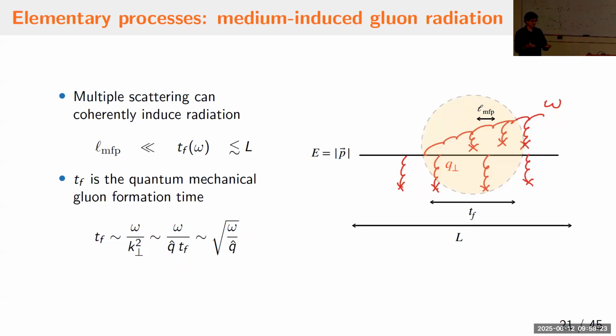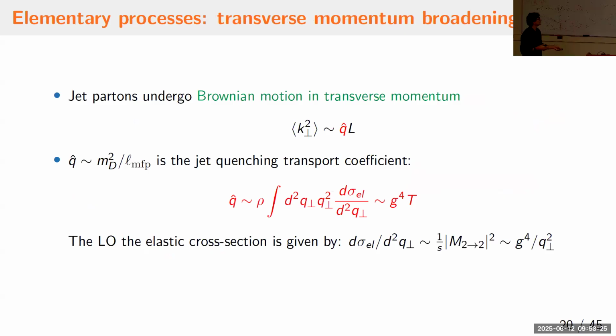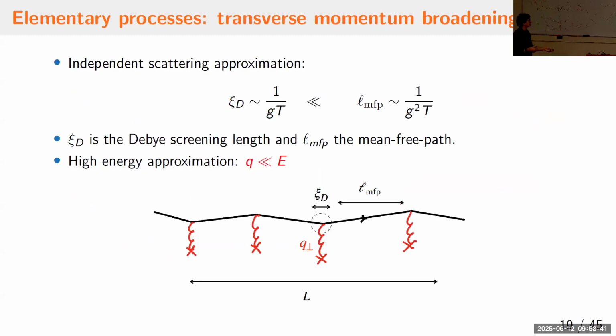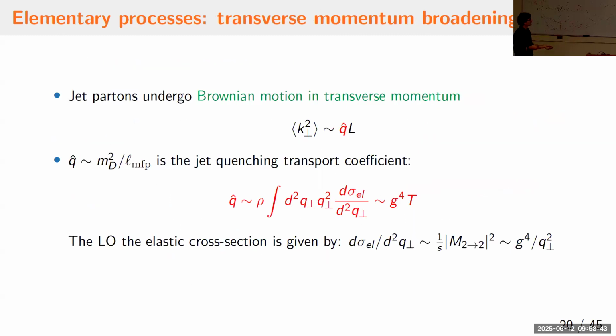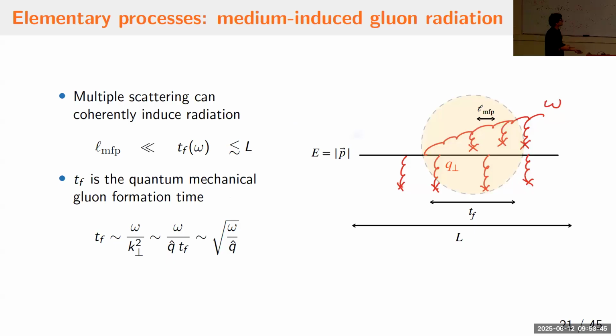Remember the transverse momentum squared from the previous formula here? It said that the partons that propagate in the plasma should acquire transverse momentum squared of the order q hat times the time, here the system size L, but you can replace L by the time scale it takes for this transverse momentum to accumulate. So going back to this formula in here, right?